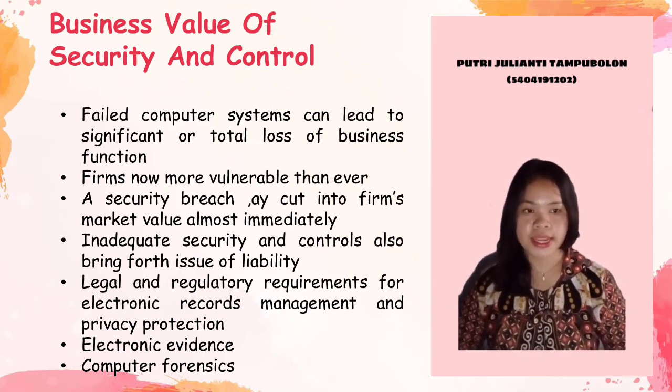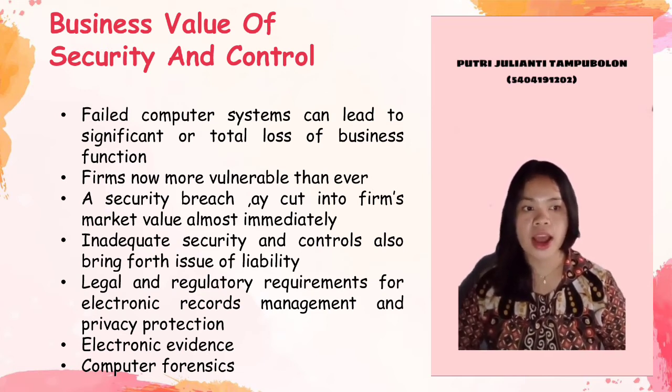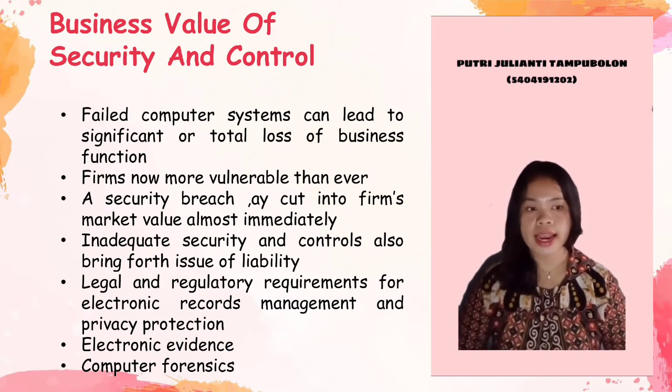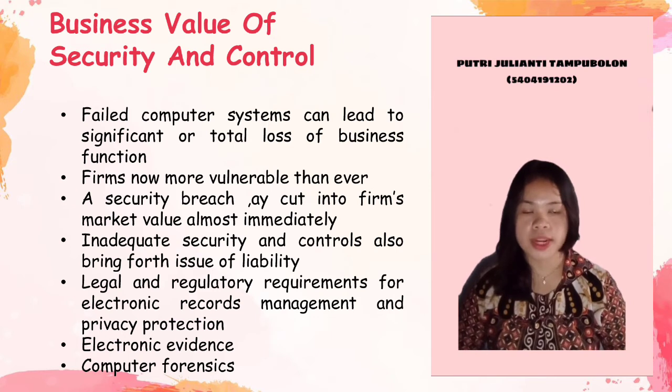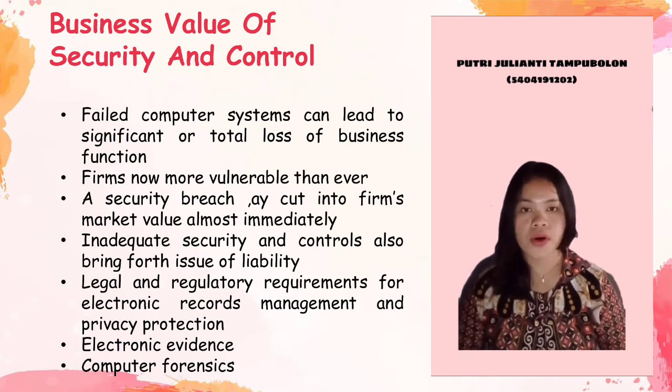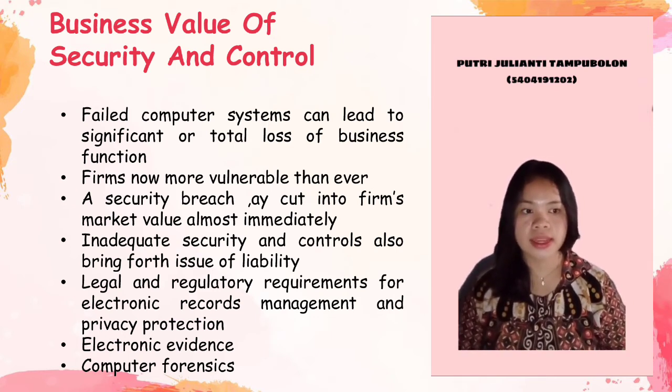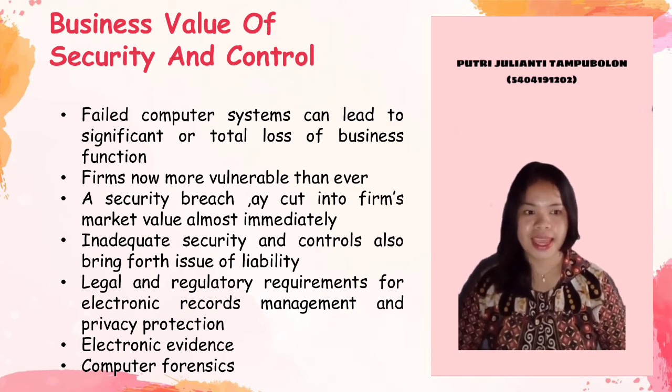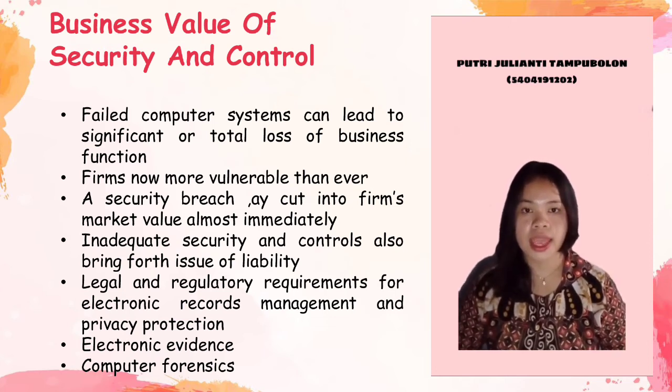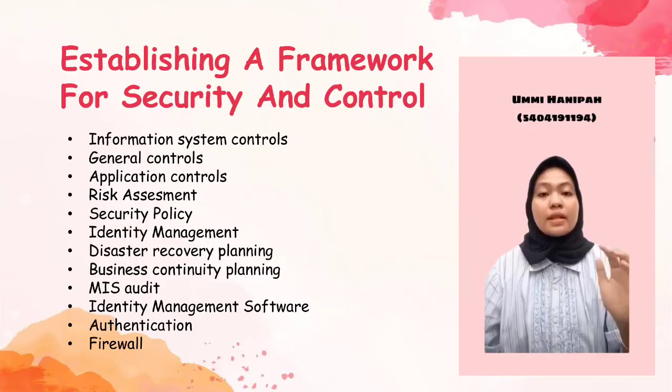Then, computer forensics. The first, scientific collection, examination, authentication, preservation, and analysis of data from computer storage media for use as evidence in a court of law. The second, recovery of ambient and hidden data.